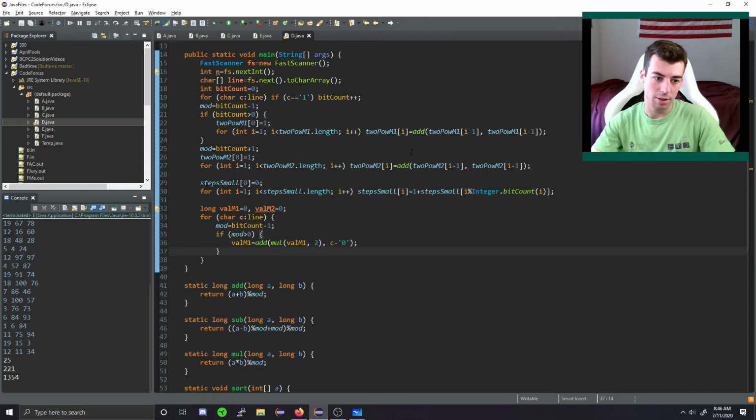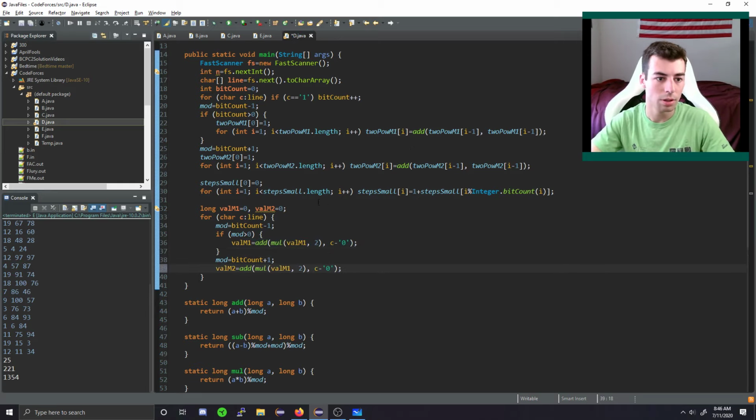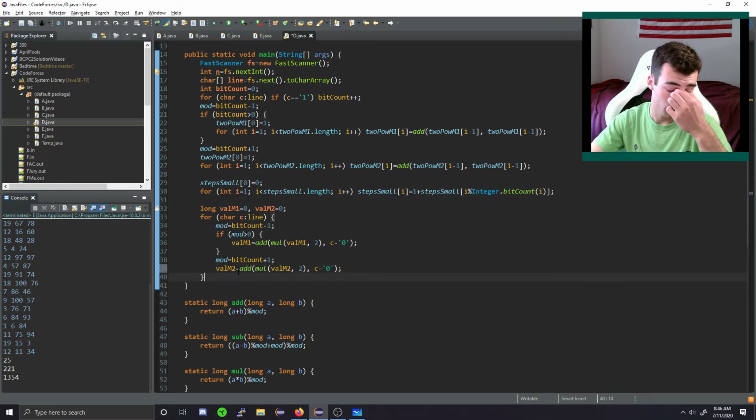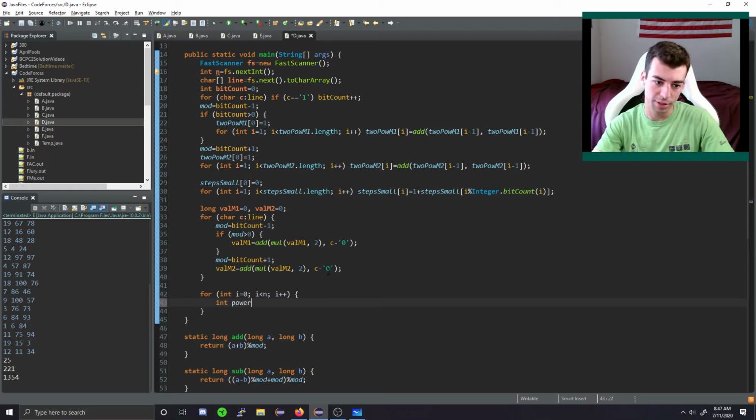Okay, so now we can maintain this. Now mod equals bit count plus 1. Multiply val2 by 2. Okay, so now we have the two values under mod. So now we need to print the answer for flipping each bit. So int power is going to be equal to n minus 1 minus I.